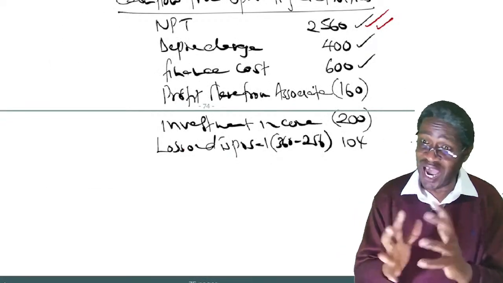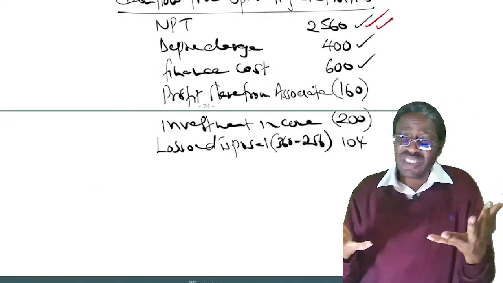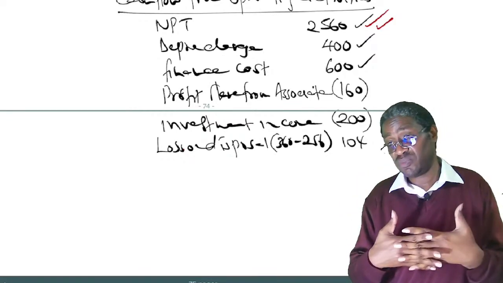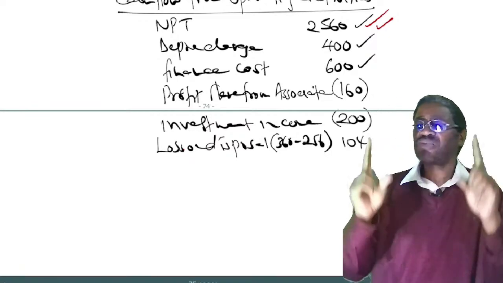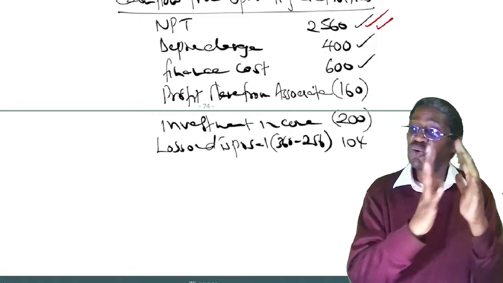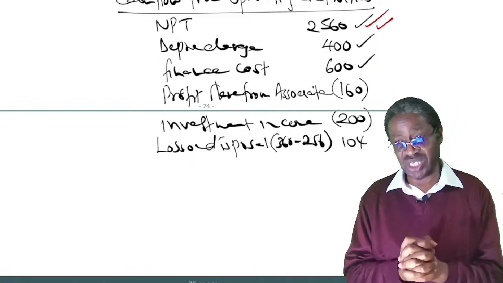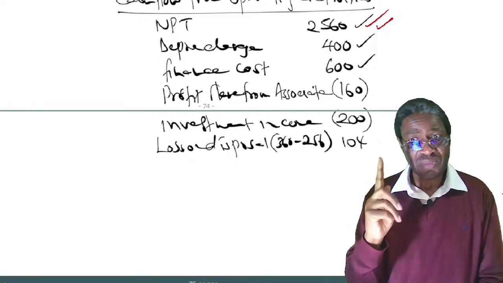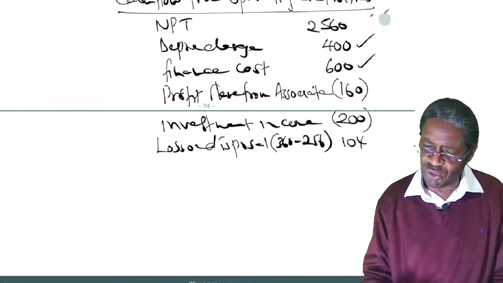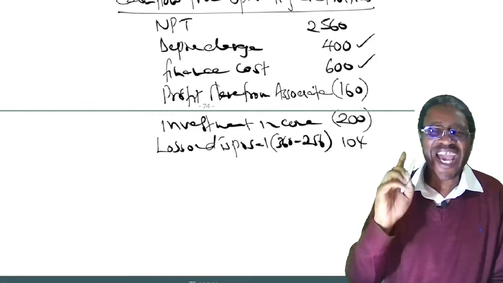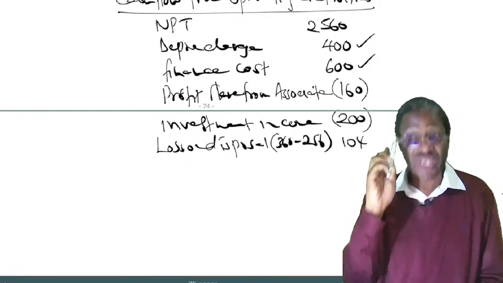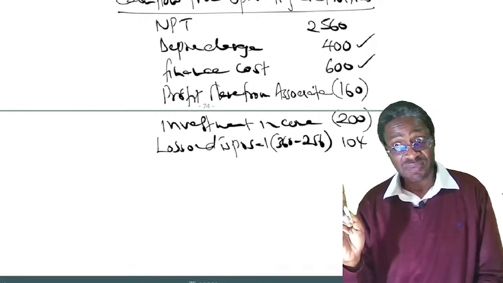Now, some students, listen. When I ask them to give me other non-cash items, they normally give me that revaluation gain or revaluation loss. Listen, as much as it's true, the revaluation gain or loss is a non-cash item. But don't forget, we are trying to adjust this profit before tax with anything that was used to get it, which is non-cash.